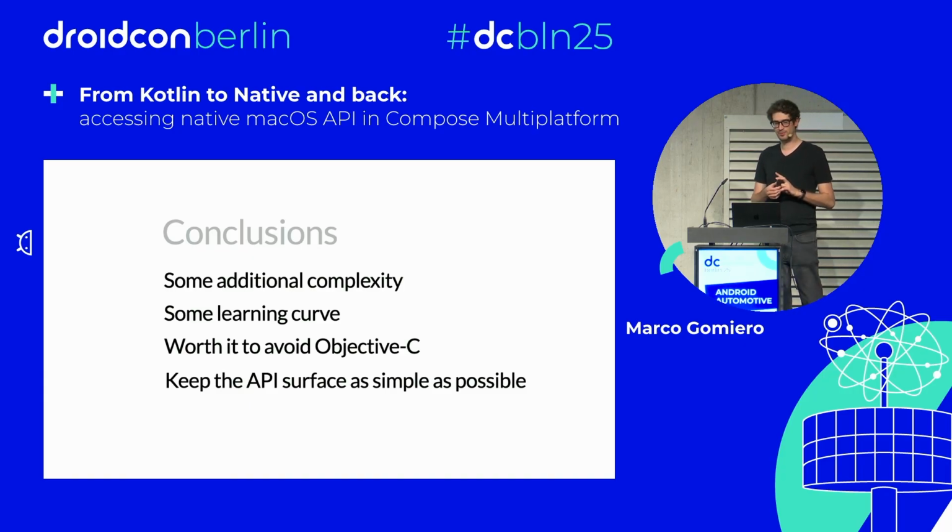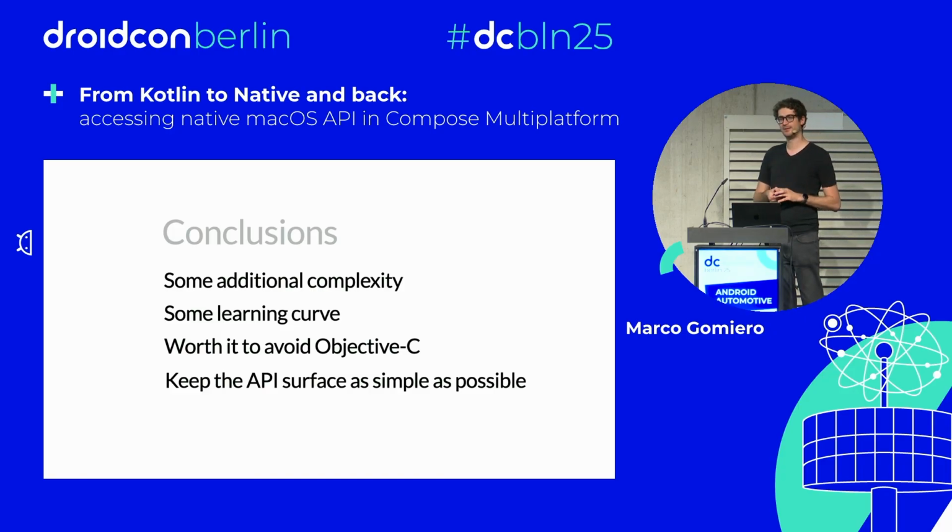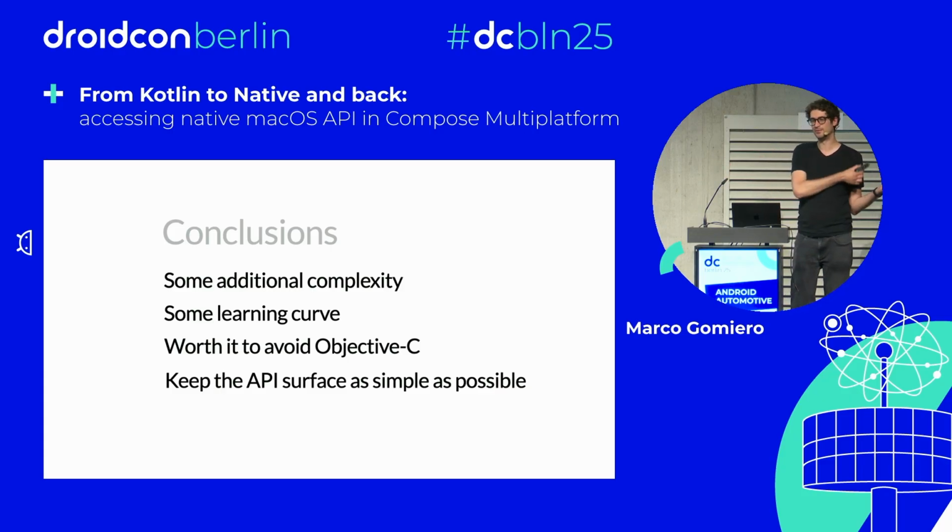For example, if you have to return errors or things like that, just return an int, and then map that int in Compose Multiplatform or in your Kotlin code outside the JNI, because it's going to be easier to not have to instantiate things on the JNI and deal with passing things around. So yeah, keep it simple, and it's going to be better.